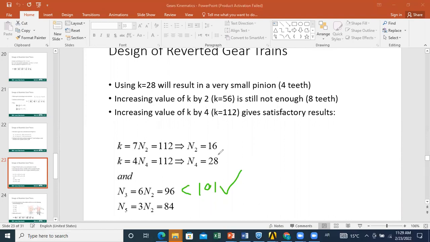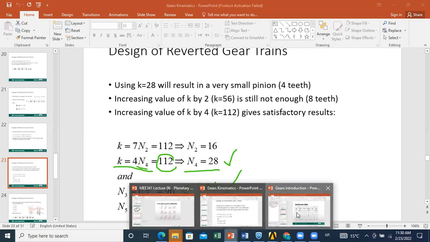Okay. So now for 4 and 5, to get N4, I have that k is equal to 4 and 4. And since k was established to 112, then this will result into N4 equal 28. And this is a very good choice already, because you know from the table that any pinion of size of number of t's larger than 18 will not lead to interference.